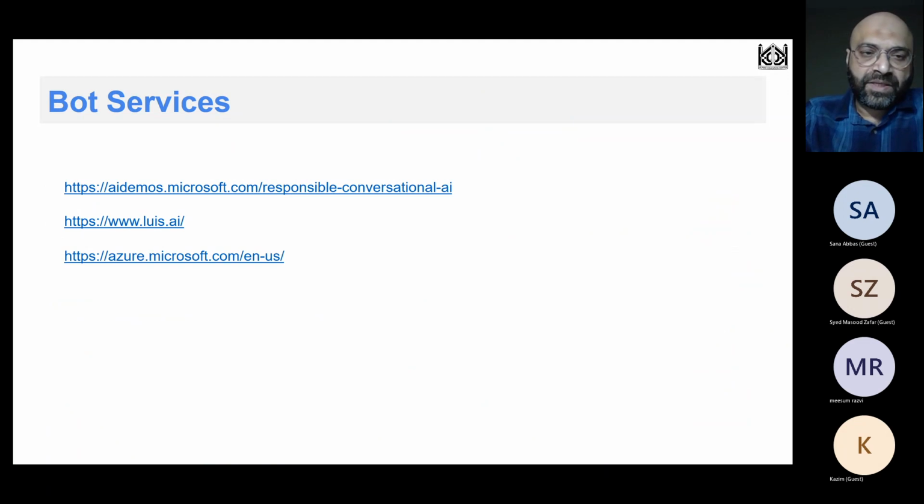Bot services, as I mentioned, chatbots is one area, and then the Alexa or the Google devices at your home are another example. So Louis.ai, that's a Microsoft service, is a similar type as Alexa for Amazon. I think Cortana is the one that Microsoft actually uses. So once we click on these sites, we will get to know more about those.